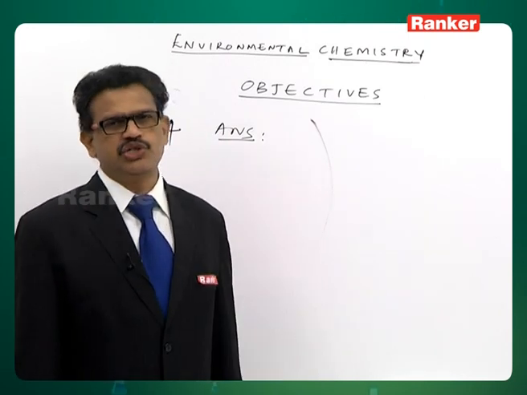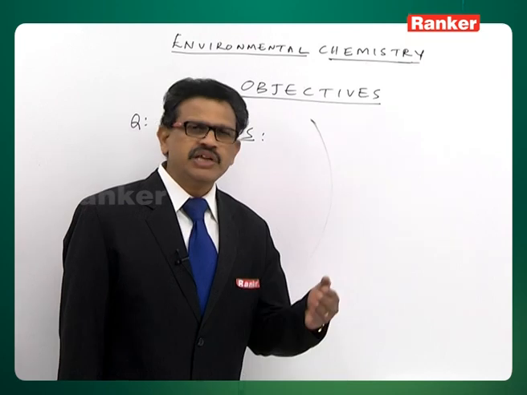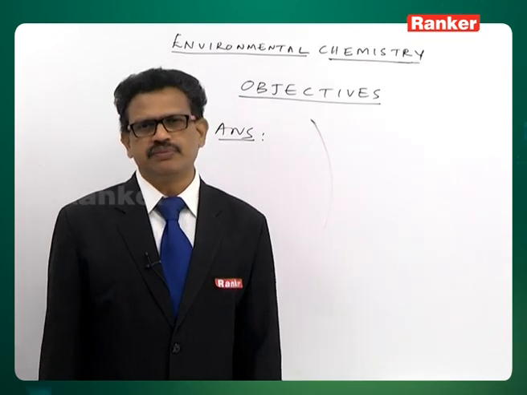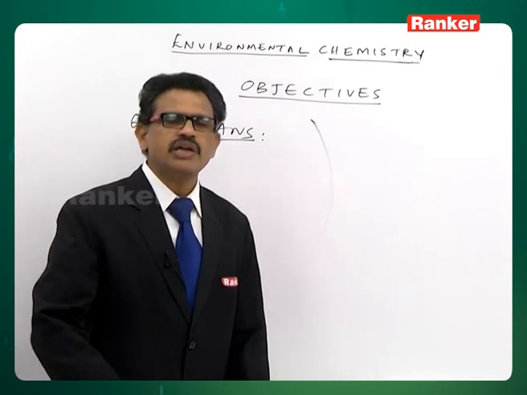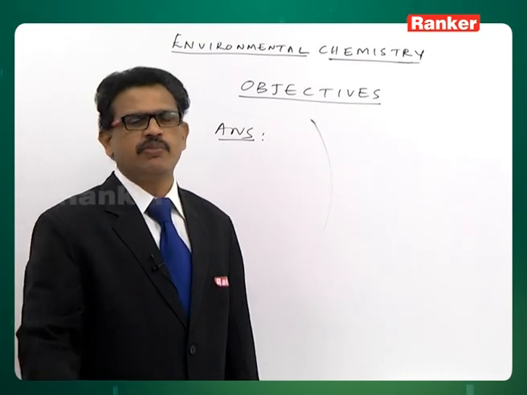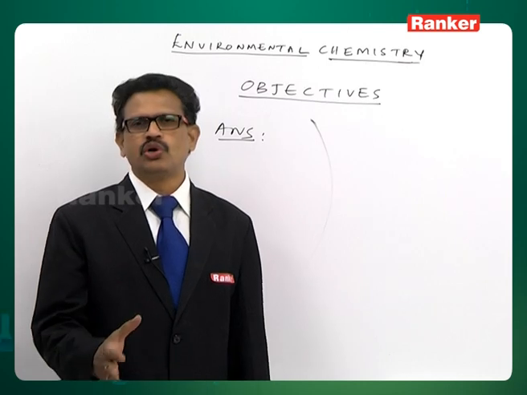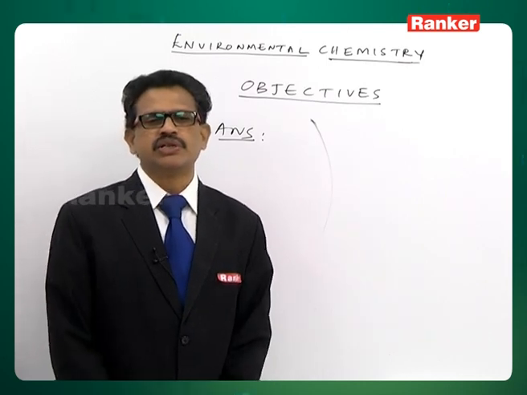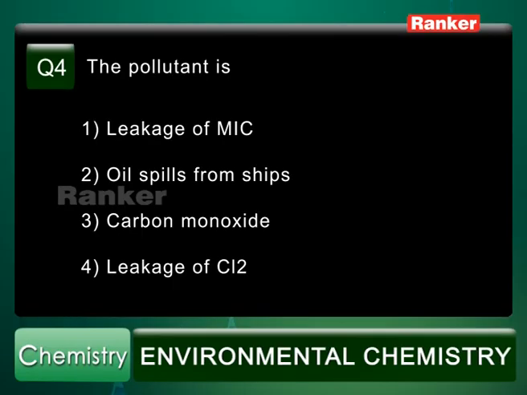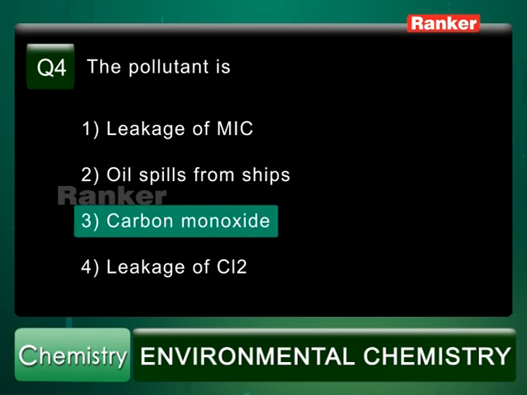A pollutant is there in nature and it is being increased by human activity adversely. A contaminant is only released by human activity. That is the difference. So among the given 4 answers, the remaining are contaminants and the pollutant is carbon monoxide. So we can go for answer 3. This is called a pollutant.